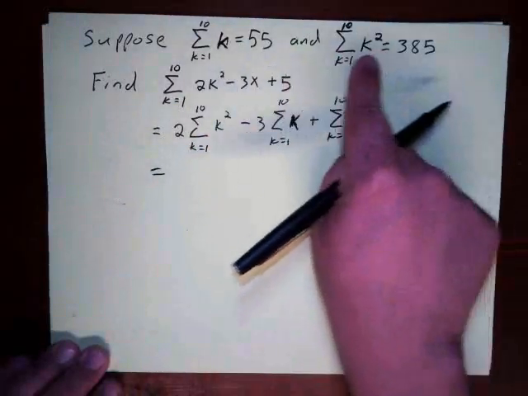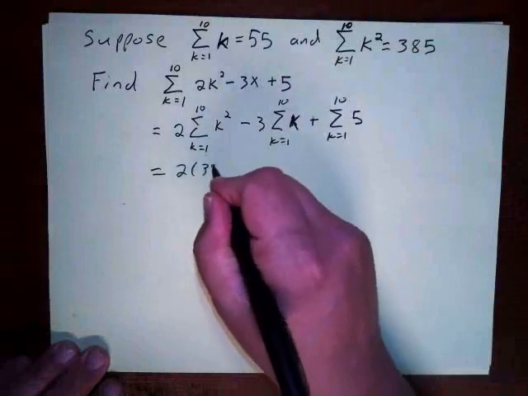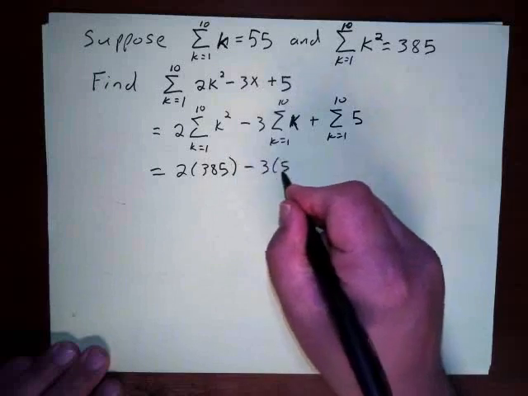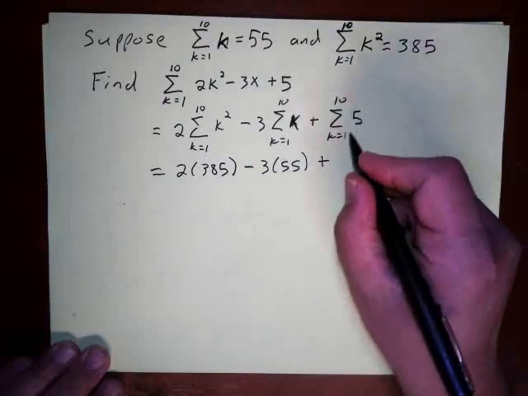And then I have these sums up here. So this would be 2 times 385, minus 3 times 55, plus, and what would this be?